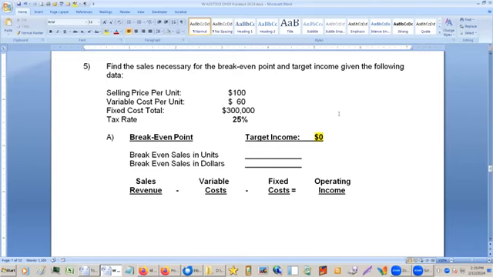How much in taxes do you pay if you're making 0 income? Because the income is 0, there's no taxes to be paid.